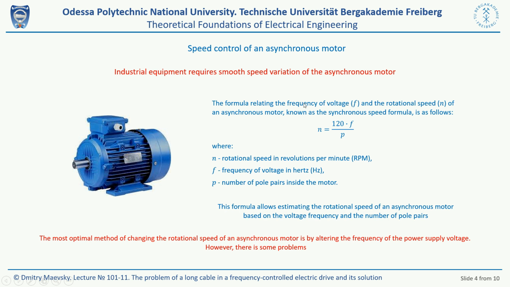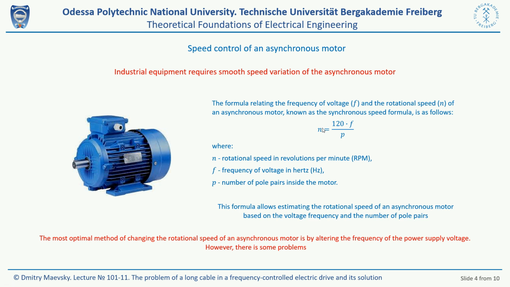You can see the formula that relates the motor speed in rotations per minute and voltage frequency on this slide. This formula shows that the higher the frequency, the higher the speed of rotation of the motor.